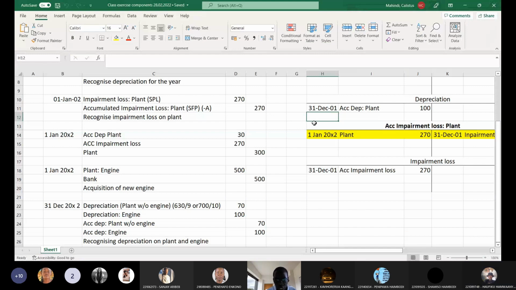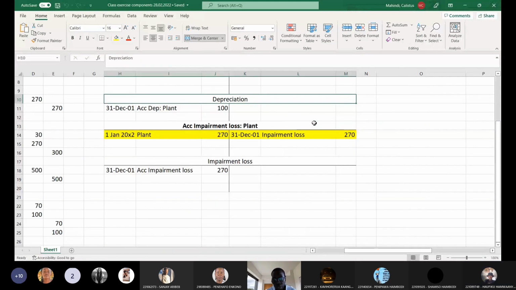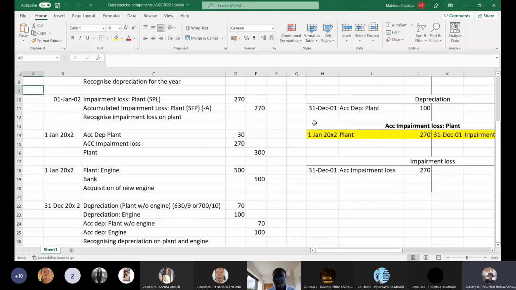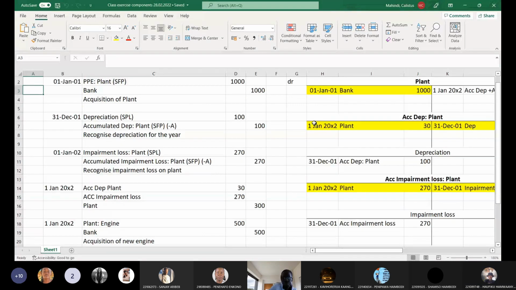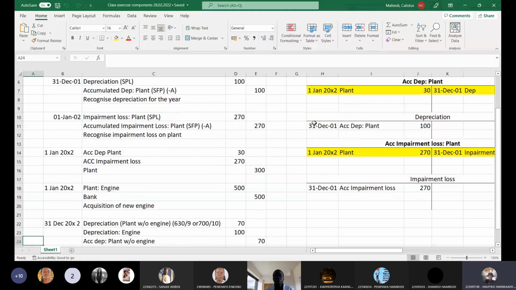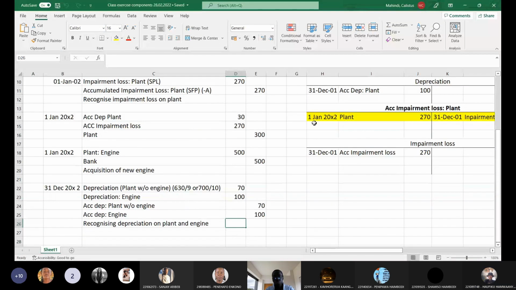So you'll have debit depreciation, and then you'll credit your accumulated depreciation of the plant without the engine, which is 70, that amount, and then you're going to credit the accumulated depreciation of the engine, which was $100. Were you able to finish that in this journal, and did you get it correct?